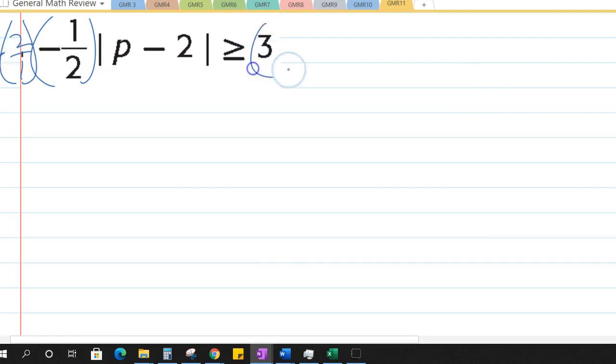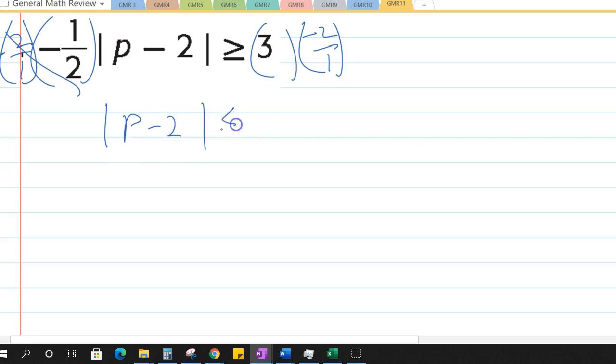Whatever I do to one side, I do to the other. I'm going to multiply the 3 times -2/1. On the left hand side, the 2's cancel out, negatives cancel out, which gives me the absolute value of p minus 2 is less than or equal to -6.